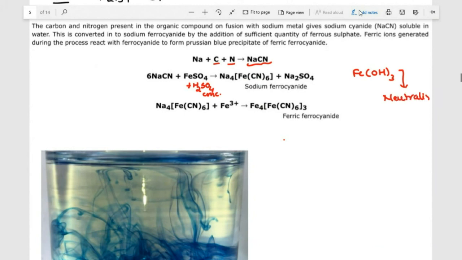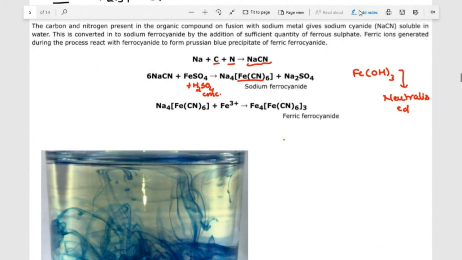Otherwise, it will mask, it will cover up our Prussian blue color. So its purpose is to neutralize Fe3+ hydroxide if at all formed. When we add FeSO4, this complex anion is formed, [Fe(CN)6]4-, as the compound Na4[Fe(CN)6].